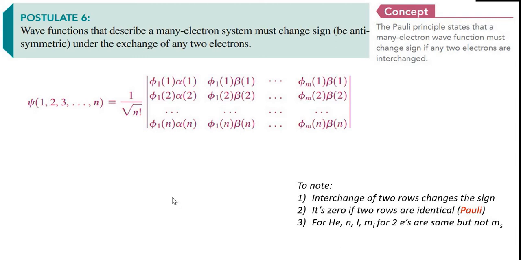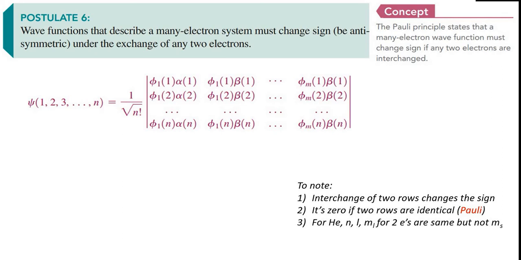First of all, antisymmetric means that if you have a multi-electron system and you exchange any two electrons, say 1 and 2, then after exchanging you get one wave function, and before the exchange you had another wave function. They must be related, one is the minus of the other. That means the sign itself changes.